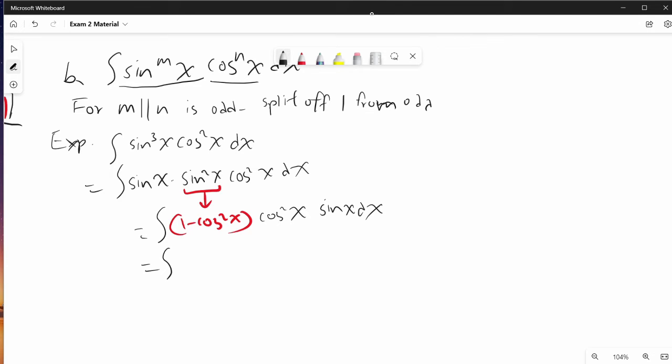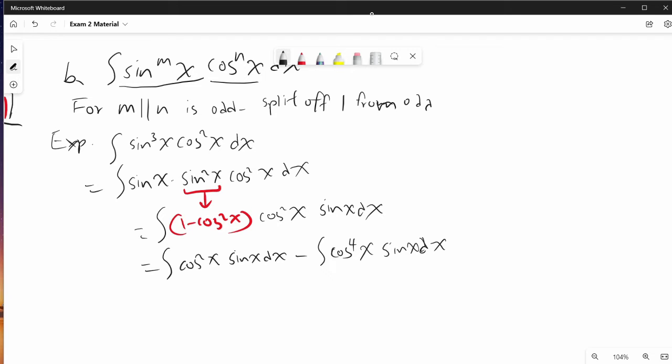So I'm going to break this into two integrations: 1 times cosine x squared times sine x, which is cosine squared x sine x dx, minus cosine to the fourth.